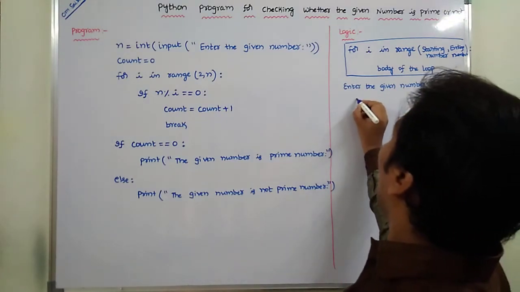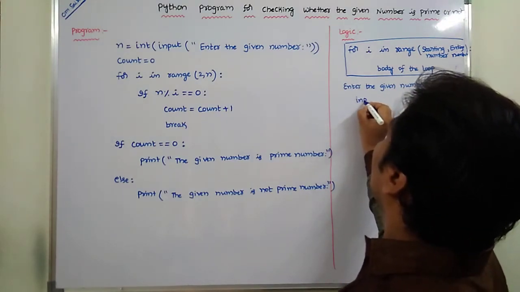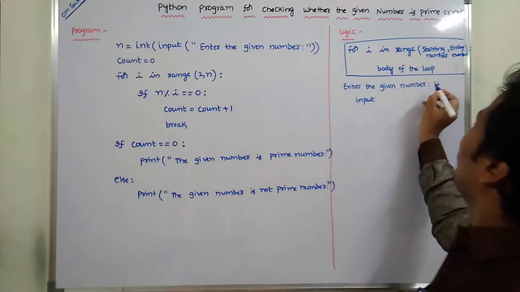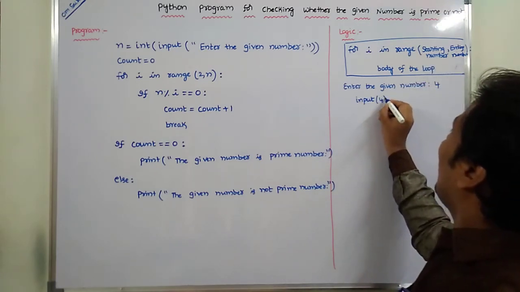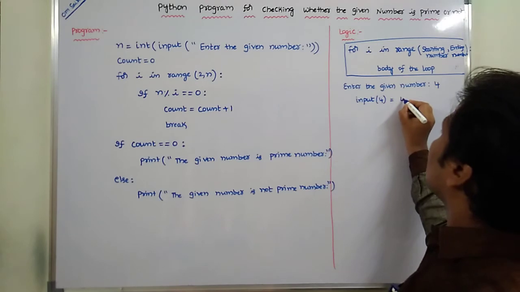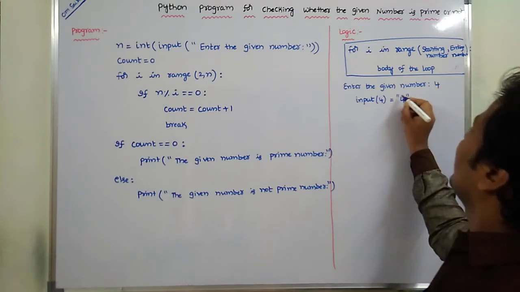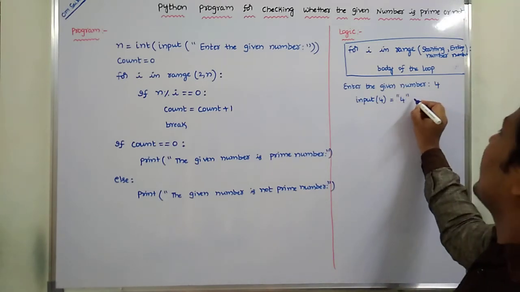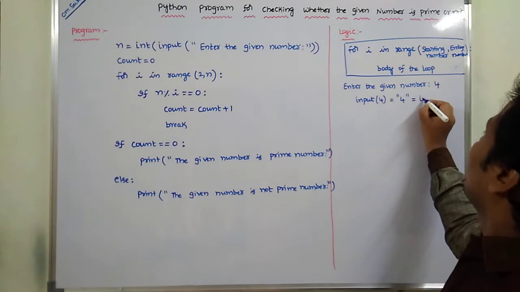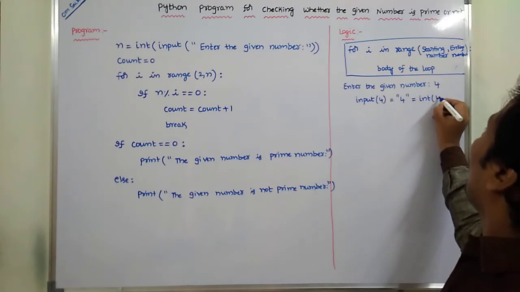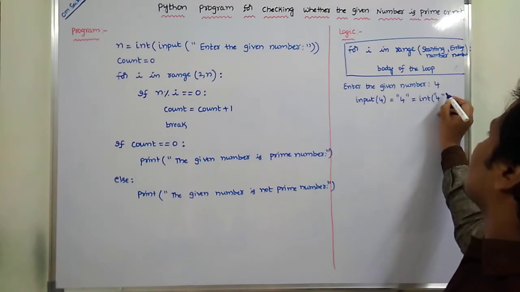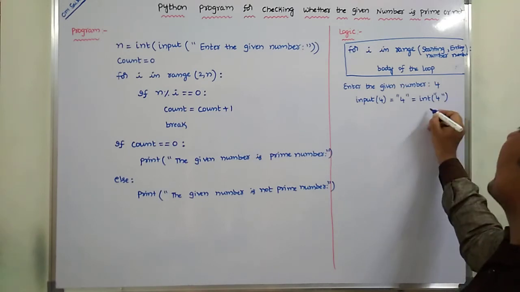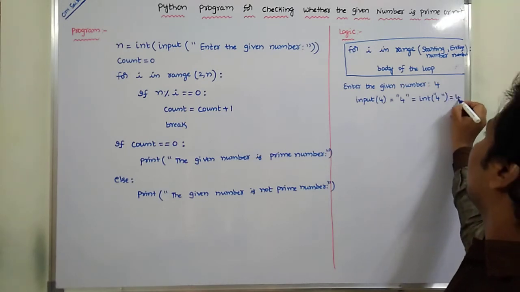The input function takes this number 4 and returns it as a string. This string can be passed to int, a typecasting, and int of 4 returns the integer 4.